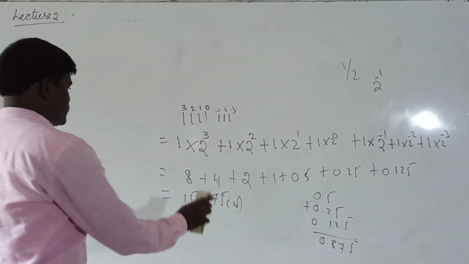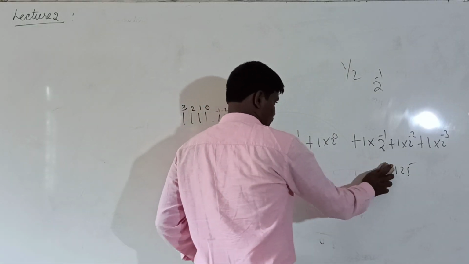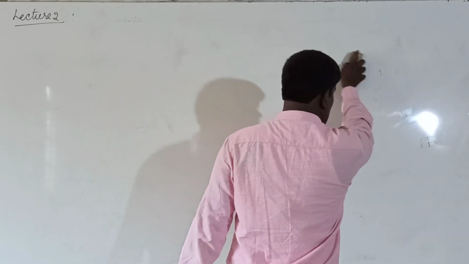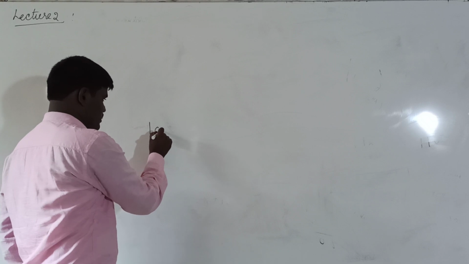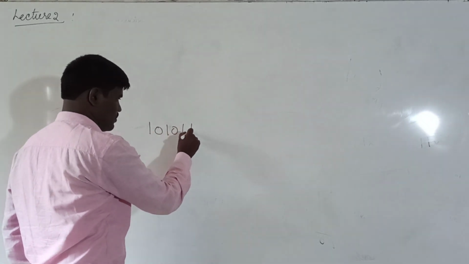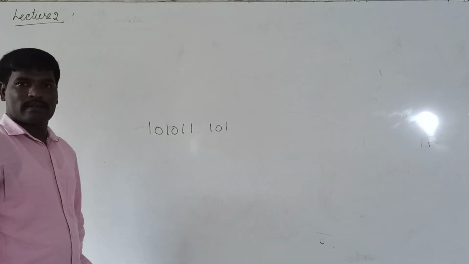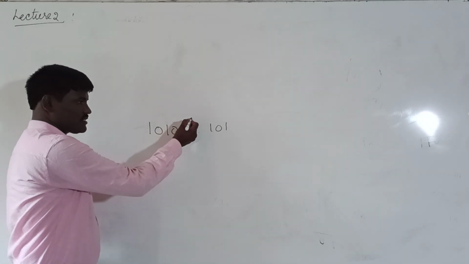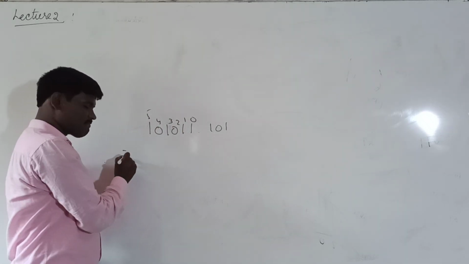Again we have to consider another example. Take 101011.101 base 2. See here, powers 0, 1, 2, 3, 4, 5.